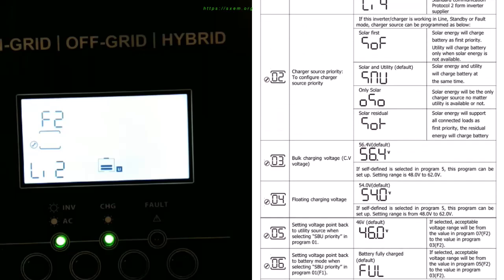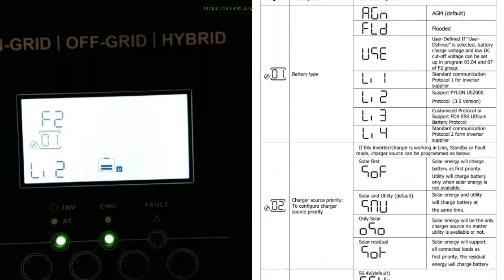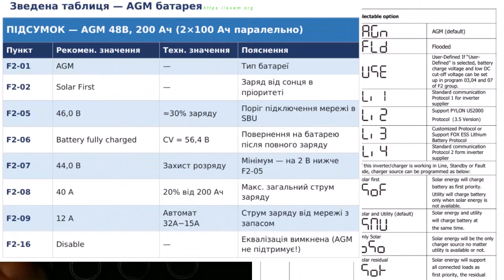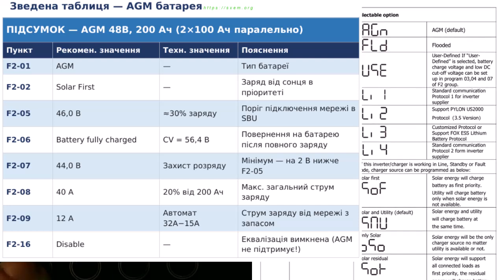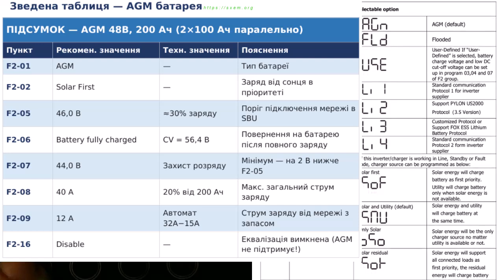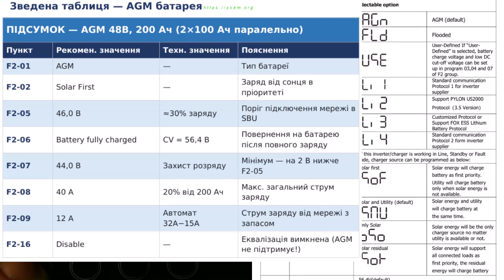Well, 28 items, done. Let's wrap up with 2 concrete scenarios. First scenario, lead-acid AGM batteries, say 2 batteries of 100 Ah in series, 200 Ah total at 48 volts. F201 set to AGM, F202, solar first, solar charging takes priority.